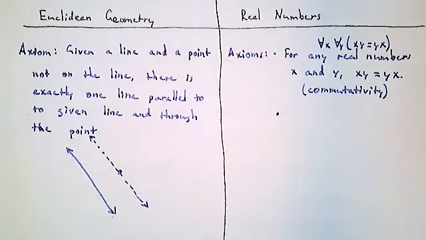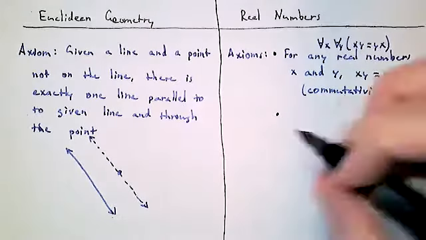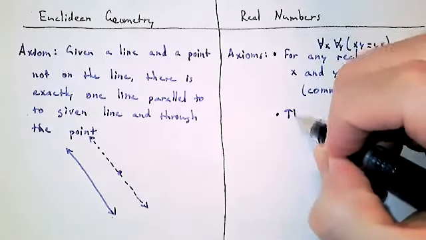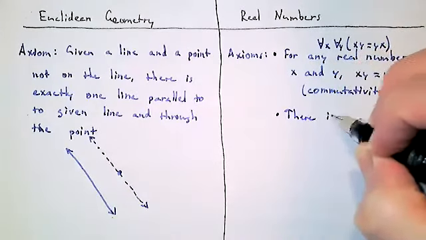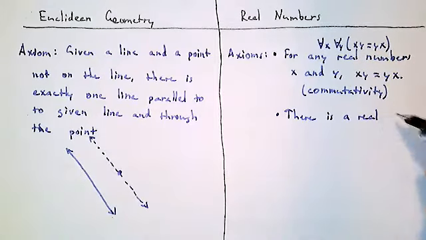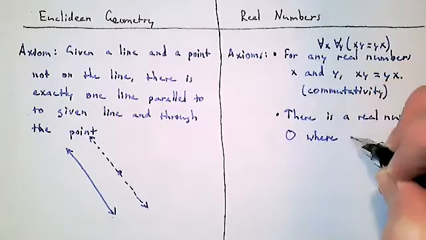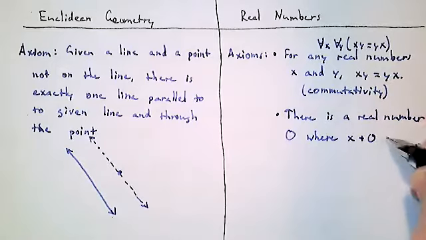Here's another example. This axiom has to do with the number 0. It says there is a real number, and we usually use the symbol 0, where x plus 0 is equal to x.